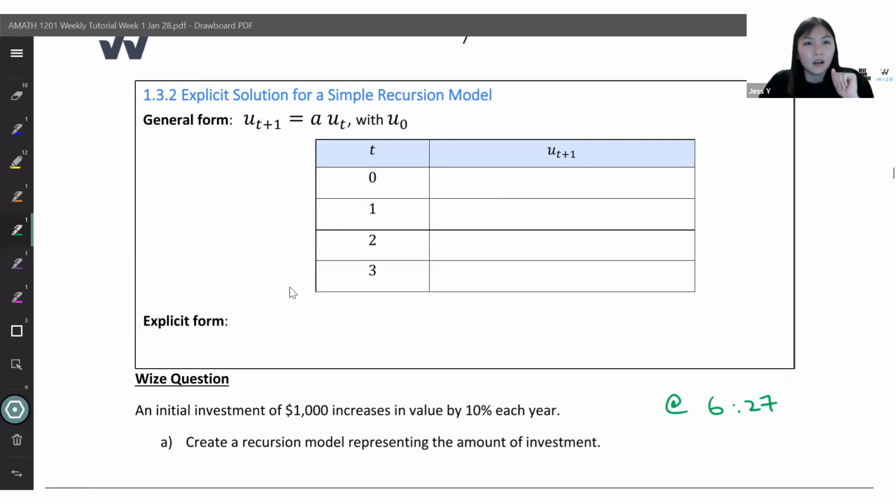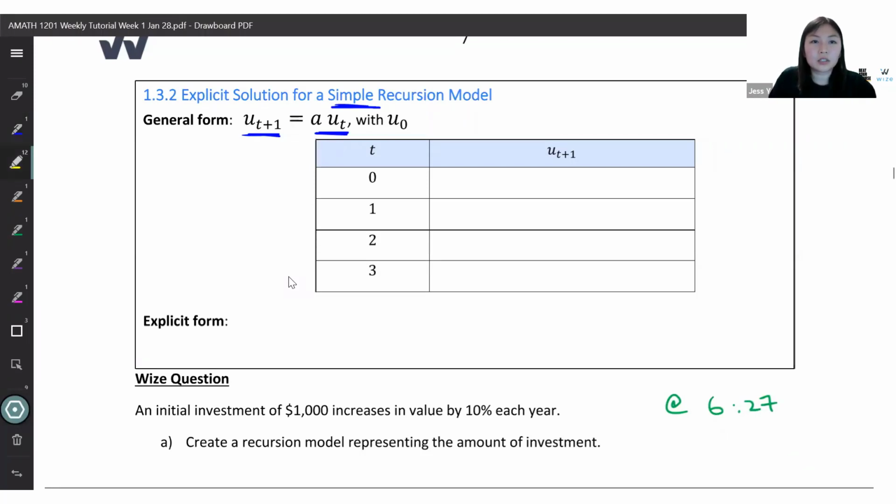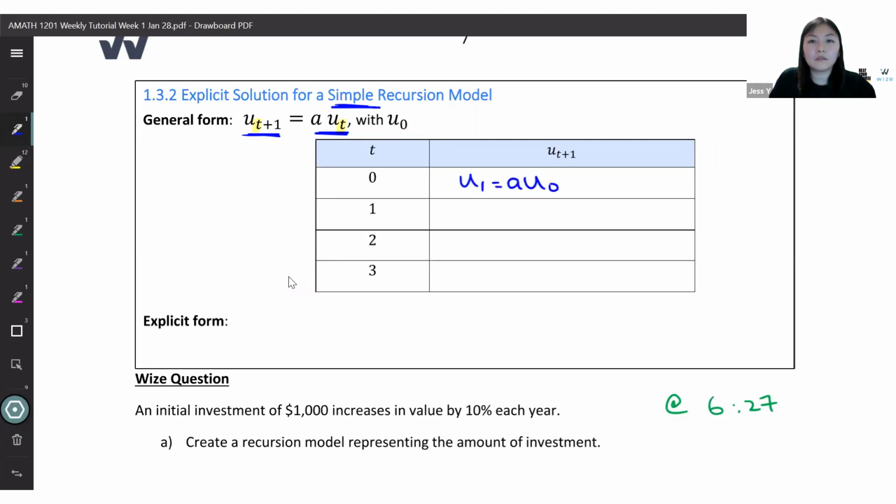Okay, so explicit solution for the simple recursion model. Again, reminder, the simple recursion model is when our next term equals a times the previous term. There's no plus b. These ones are really nice because let's see what happens here. When t equals 0, I plug in t equals 0 and I get u sub 0 plus 1, which is 1, equals a times u of 0.